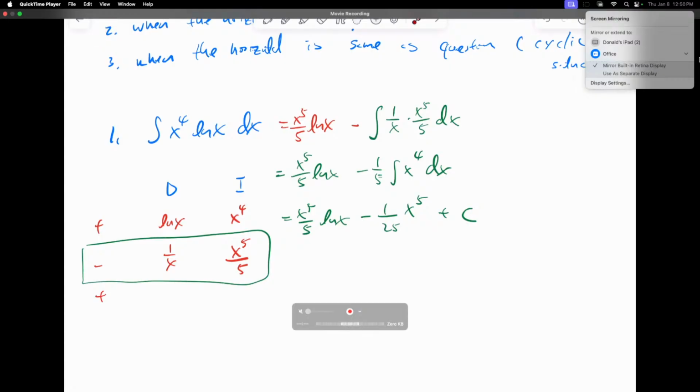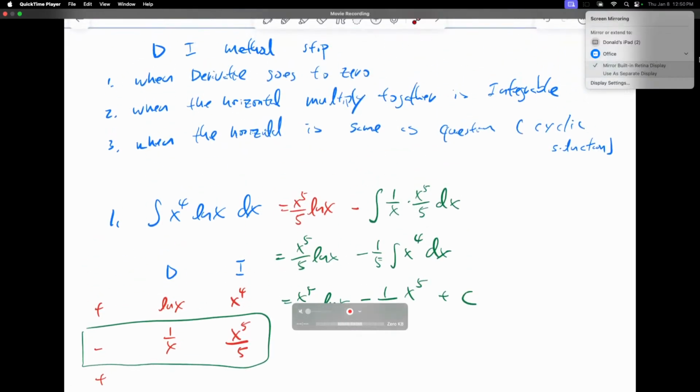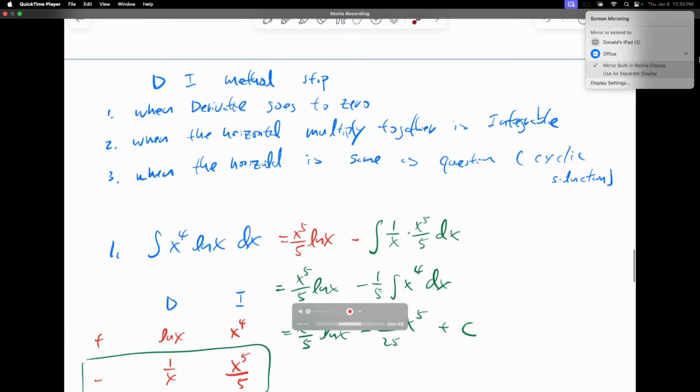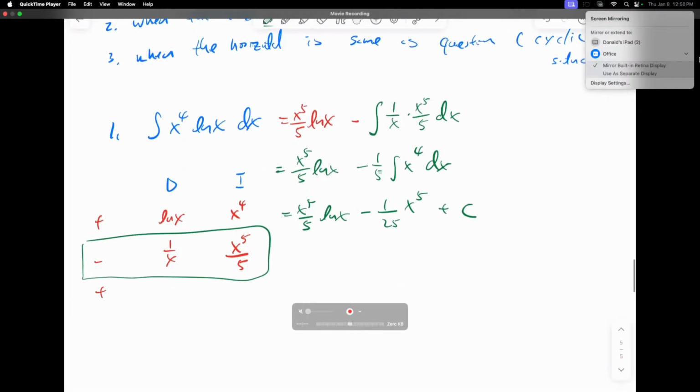Okay, so we're gonna give you a situation where the derivative goes to 0. So the derivative goes to 0, you should see the pattern of recognizing it's like this. It's gonna go straight down. So we're gonna have a sine and natural log. In this case, we're gonna have this, and the integrate of this.